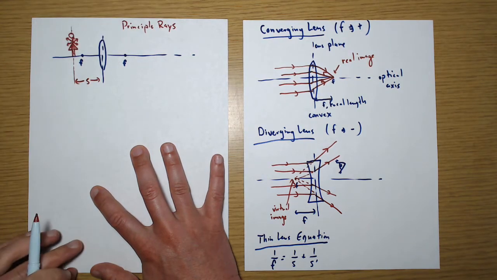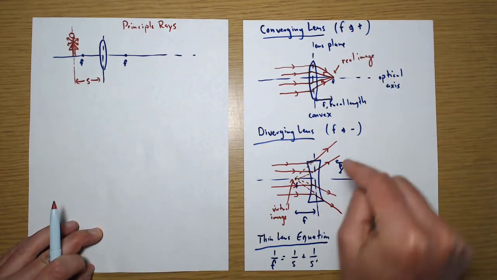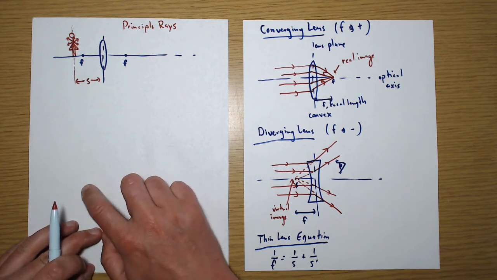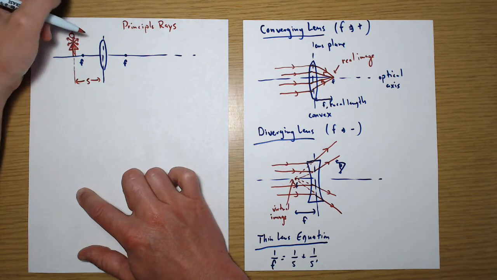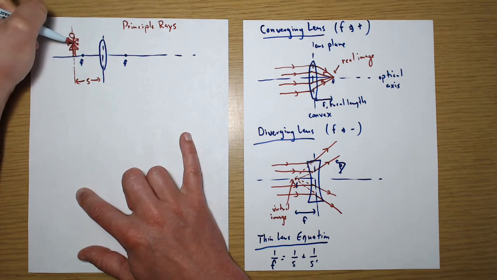Okay, and principal rays, I like to always look back to converging and diverging lens, their basic properties, to try to figure out what those principal rays are. Well, one ray we know of to begin with is simply the ray that's parallel. I'm going to pick a point just at the top of the tree. I'm just going to look at the light ray that comes out of the top of the tree and trace that.